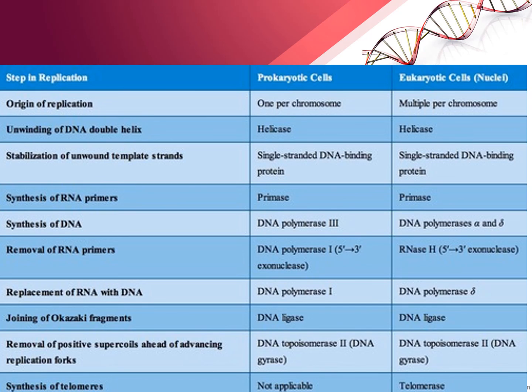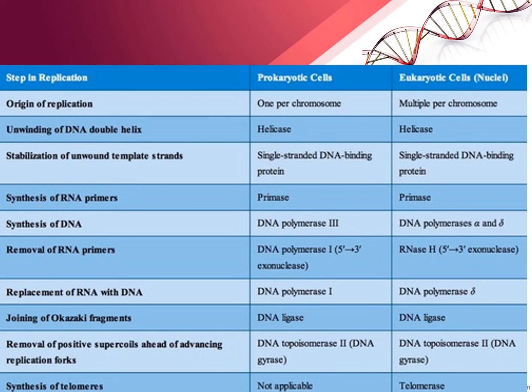So here is a table showing the difference between prokaryotic cells and eukaryotic cells in terms of steps in replication. The origin of replication in prokaryotic cells is one per chromosome, while in eukaryotic cells it is multiple per chromosome. In synthesis of DNA, prokaryotic cells have DNA polymerase 3, while eukaryotic cells have DNA polymerase alpha and delta.